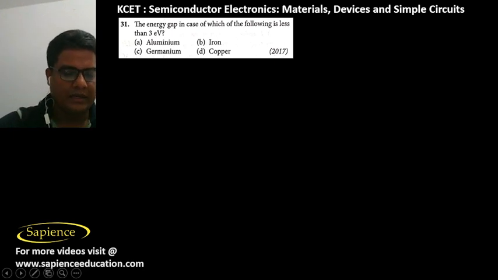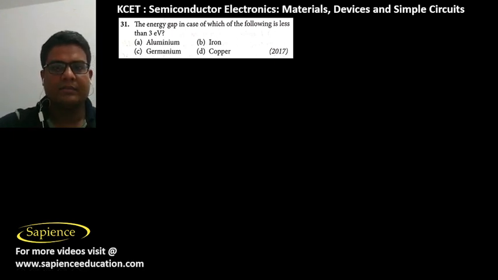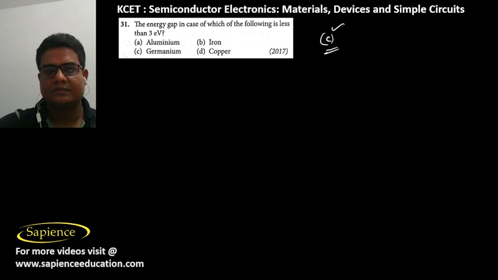So the energy gap in case of which of the following is less than 3 electron volt, that is germanium. Option C is the correct answer.